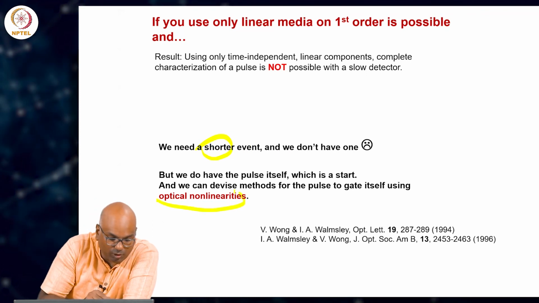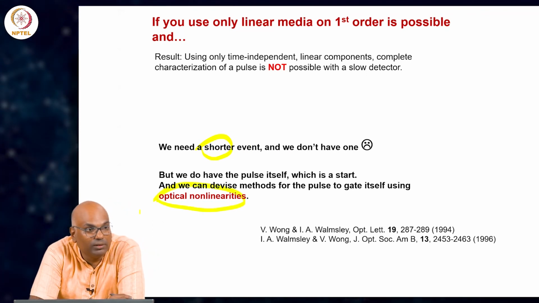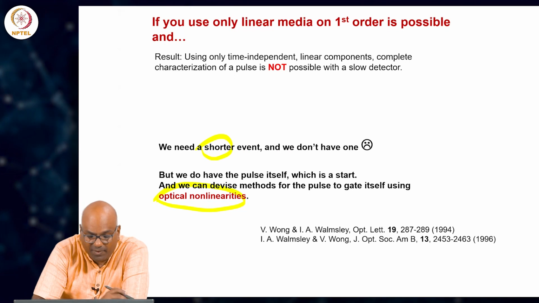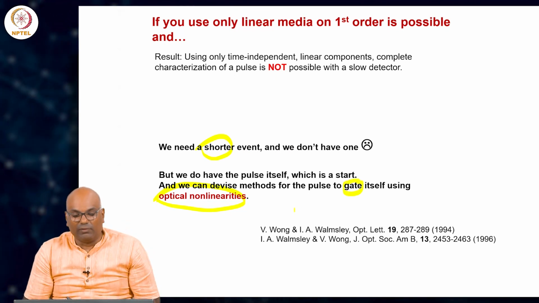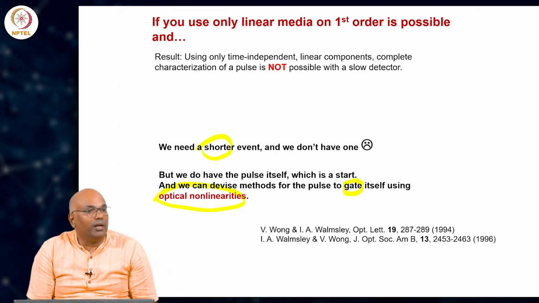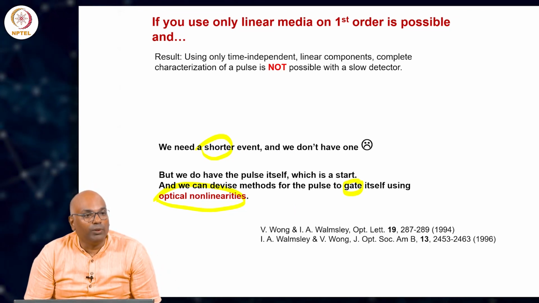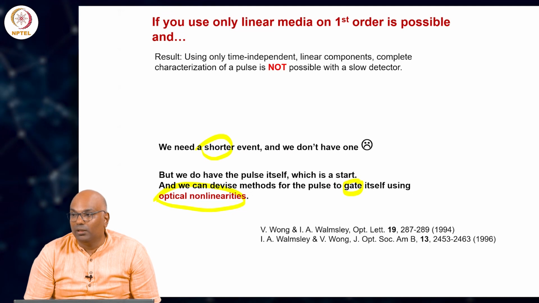Whereas, if you use optical nonlinearities, then we can produce something of a gate which is shorter than the pulse itself. So, this is the underlying reason why we use second harmonic generation.